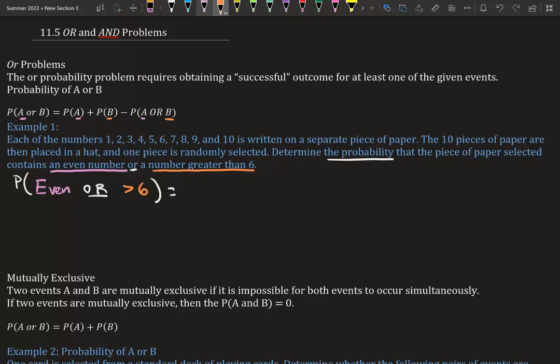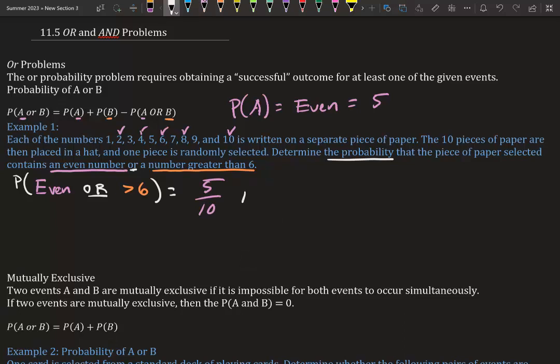So first, let's break down each piece. Let's break down A, because remember, P of A represents even numbers. So let's count all the even numbers 1 through 10. We have 2, 4, 6, 8, and 10. So 5 out of 10 are even numbers.